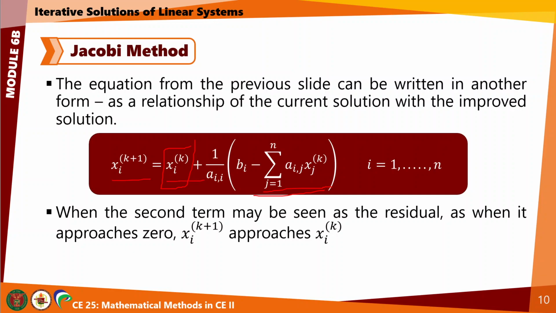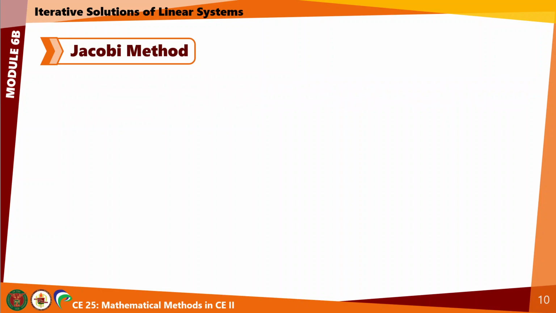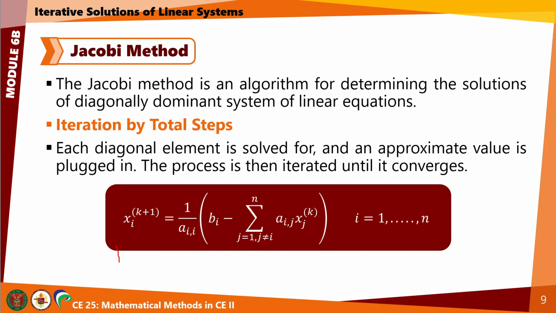Current solution, previous solution, tapos itong, this is considered like a residual. So kapag close to zero na itong value nito, nagko-converge na tayo dun sa solution. Okay, sa actual or exact solution. Okay? So, pero ang gagamitin talaga natin sa implementation ng code ng Jacobi method is this relationship. Okay, the next iteration is computed using this equation.